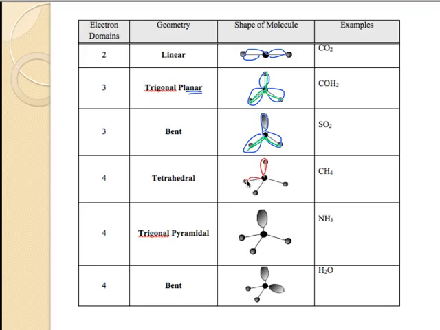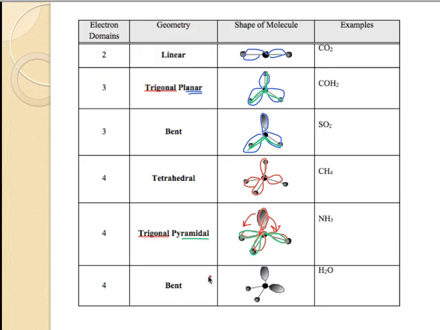Tetrahedral shape, again, 4 electron domains. Each one of them has an atom, so it's tetrahedral. If I have 4 electron domains, the electron domain shape is tetrahedral, but because I only have 3 atoms connected, it is trigonal pyramidal because this electron domain forces the others off of the plane.